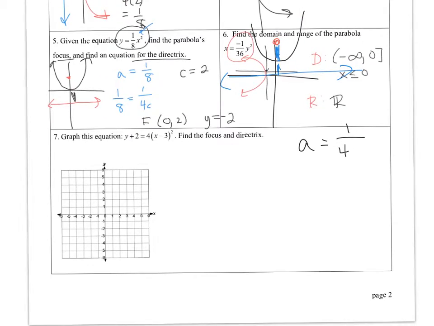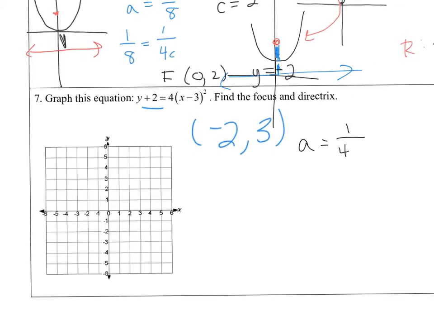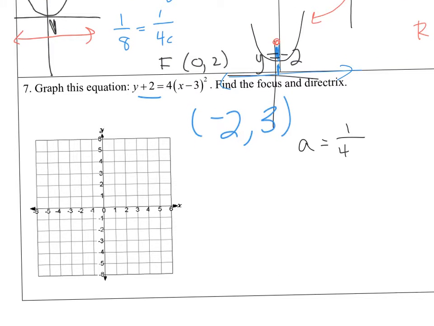And then, okay, number 7. Graph this equation and find the focus and directrix. So go back to your vertex form. We know the vertex has to be at (-2, 3). So I'm going to go to (-2, 3).